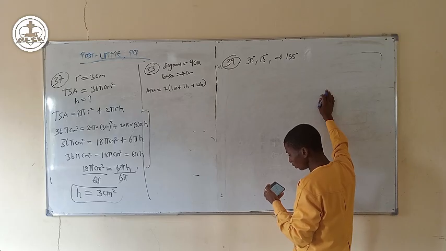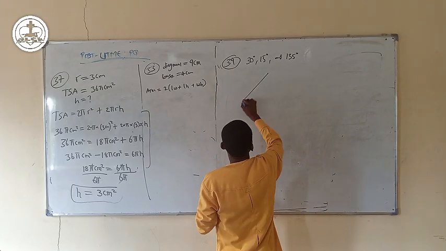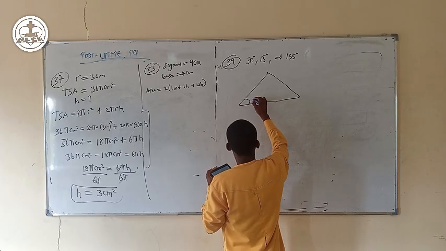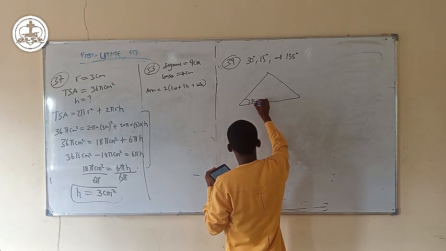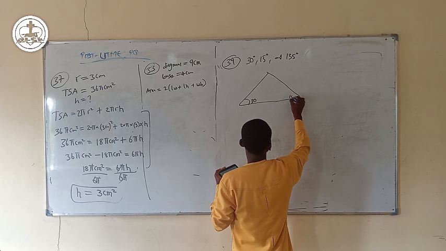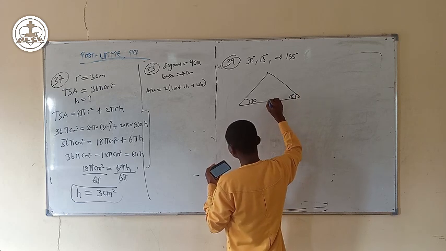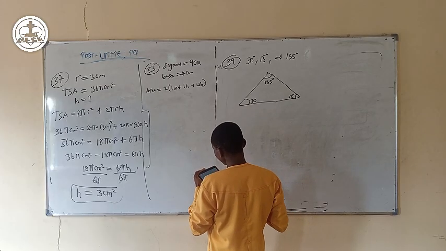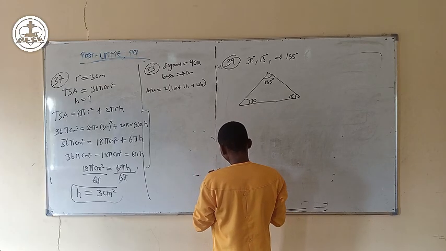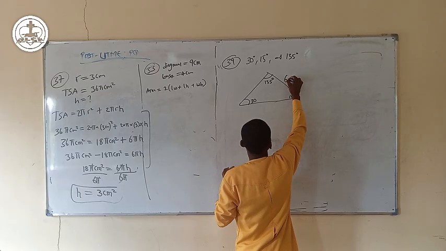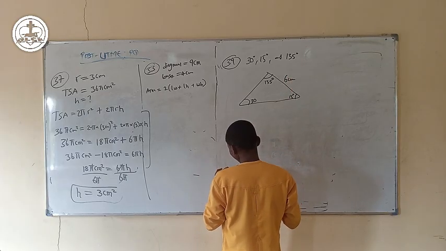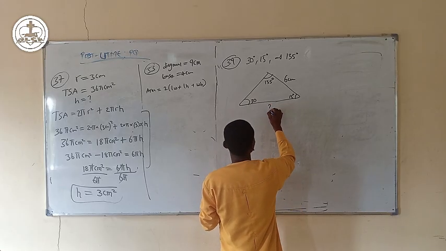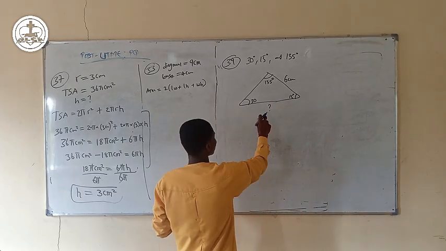Let's just draw this. Let's say this is a triangle. It has 30 degrees, 15 degrees, and 135 degrees. They said the side opposite to the angle 30 degrees is 6 centimeters. This is 6 centimeters. And what is the side opposite to angle 135 degrees? What should this be?